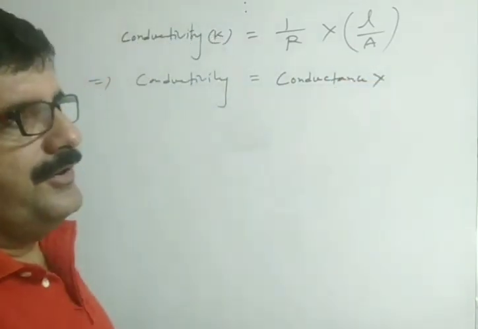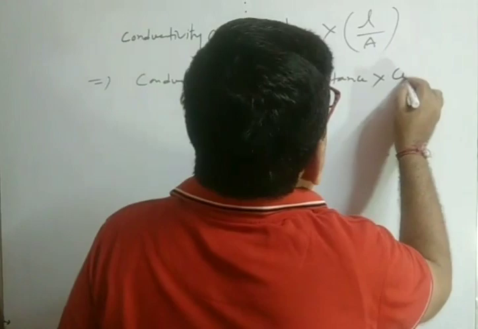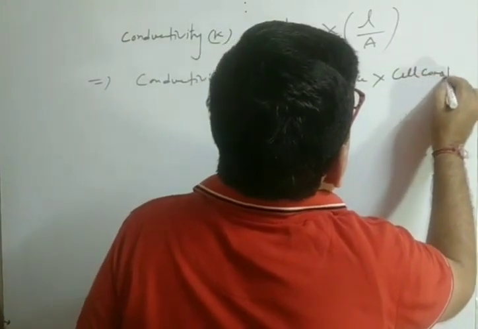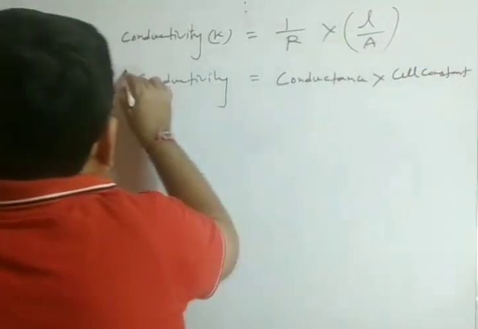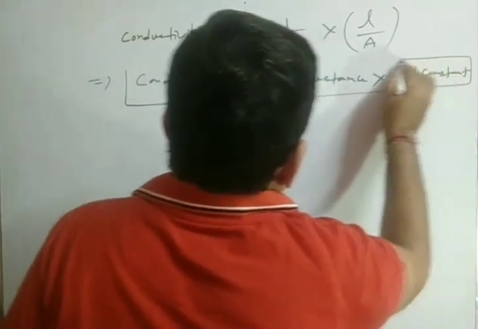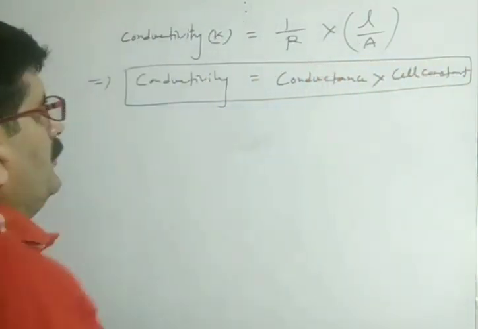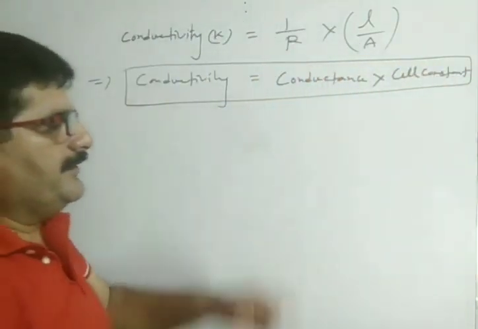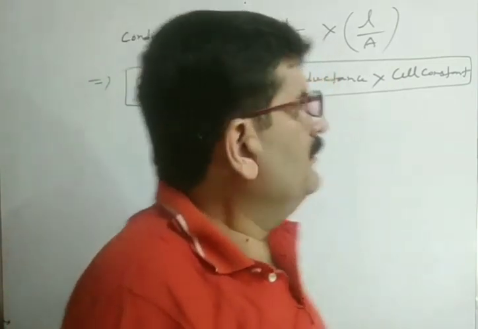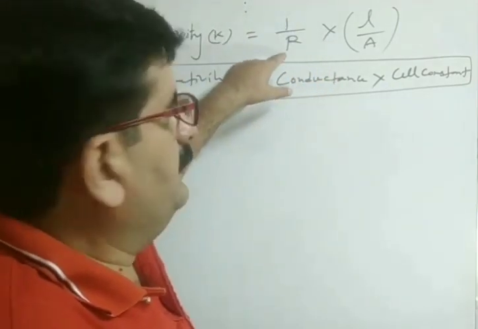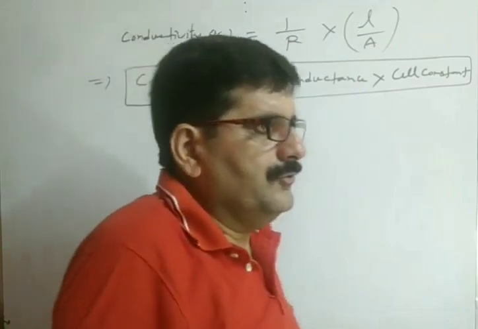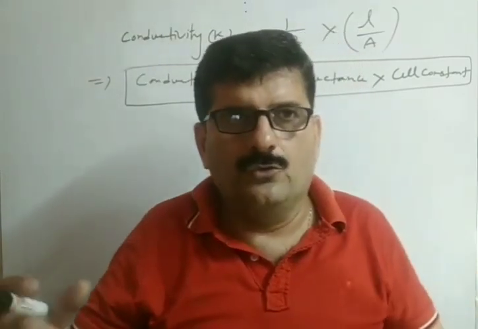L upon A is known as cell constant. So conductivity is equal to conductance into cell constant. R is resistance. L is equal to length between two electrodes.